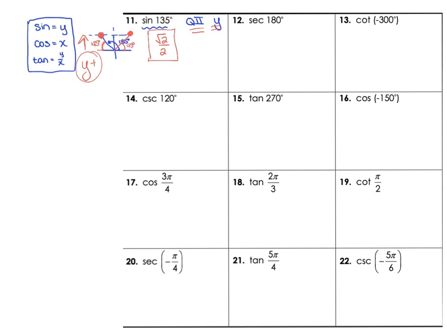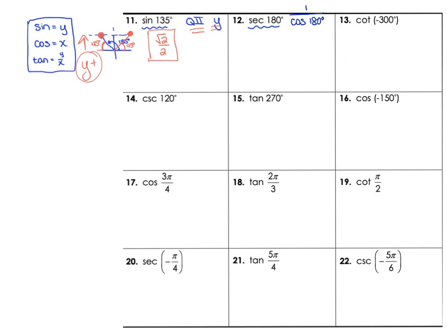Okay, let's take a look at another one. Here we've got the secant of 180 degrees. Well, secant goes with cosine. So what they're asking me for is really the cosine of 180 degrees, and then I'm just going to put that under 1. That's how I figured that out.